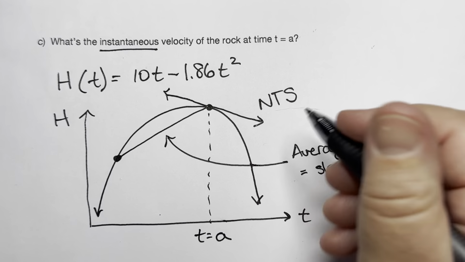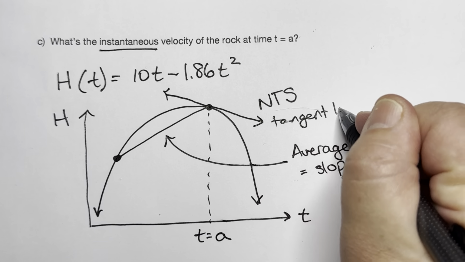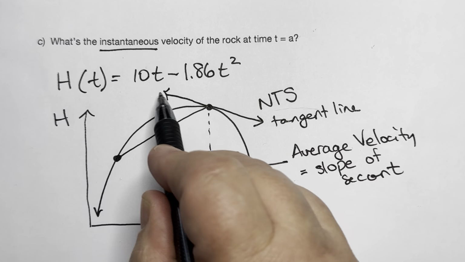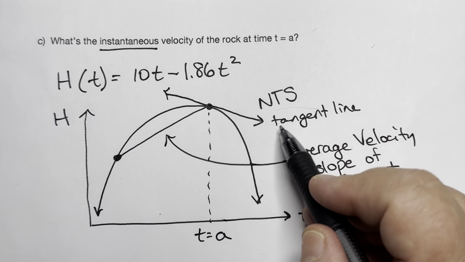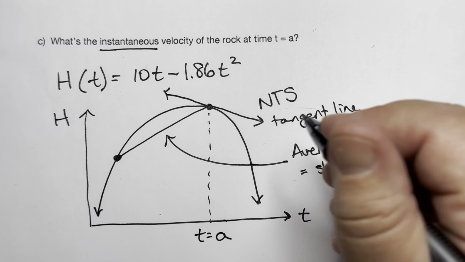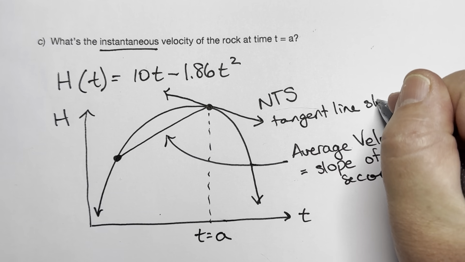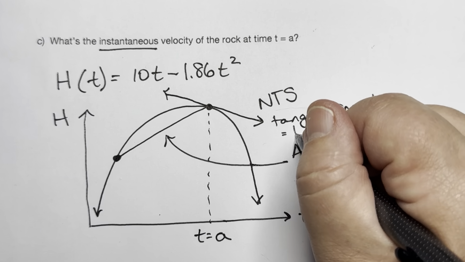The tangent line is the one that just skims along the curve at that point, and the slope of the tangent line is going to give us the instantaneous velocity.